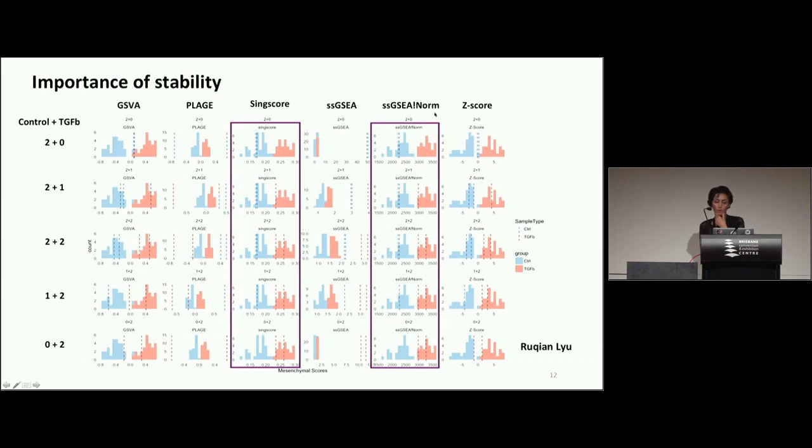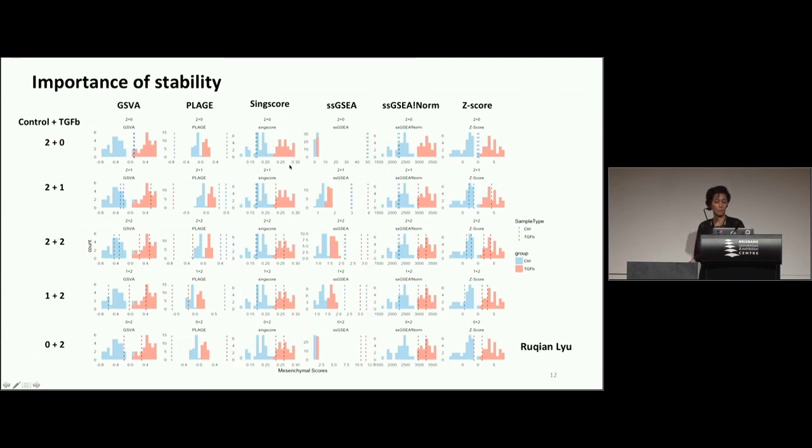Although the ssGSEA without normalization performs as well as Singscore, because we removed the normalization step, which was at the very last step, the scores that we have here are pretty large, so it's very difficult to interpret the scores. Whereas here, if you remember, we do paired sample normalization, and so we consider the theoretical minimum and maximum, and the scores are around 0. And it's very easy and straightforward to interpret.